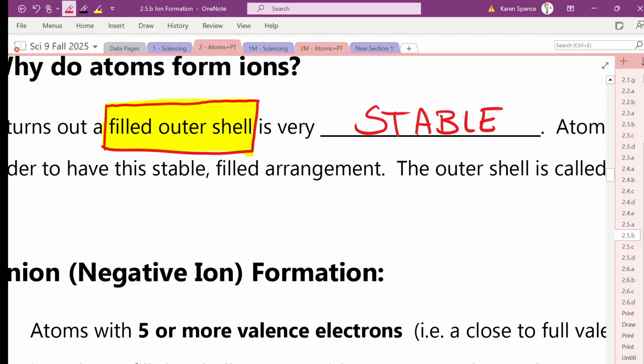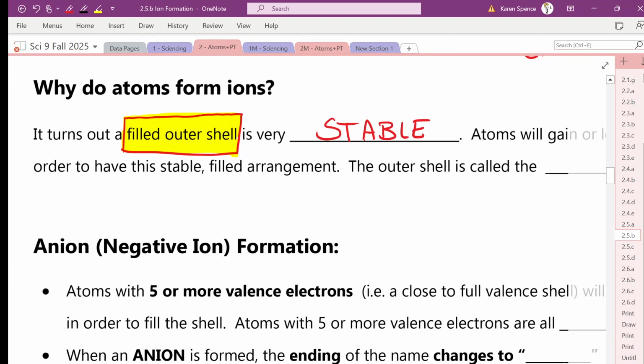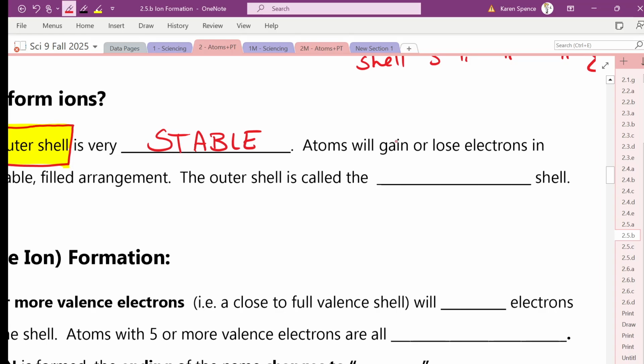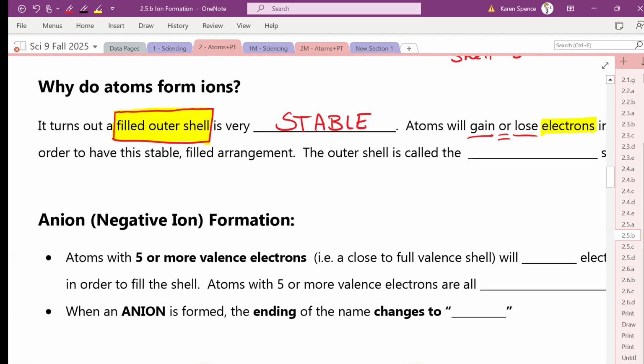What that means is that nature wants to fill up the shells, or it might want to empty them out. So atoms are either going to gain or they're going to lose electrons in order to have this stable filled arrangement.